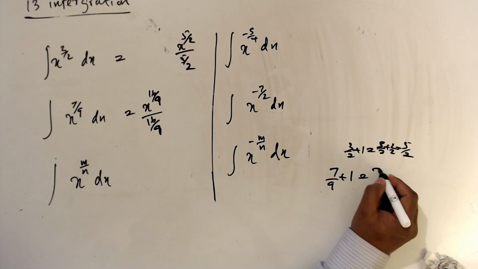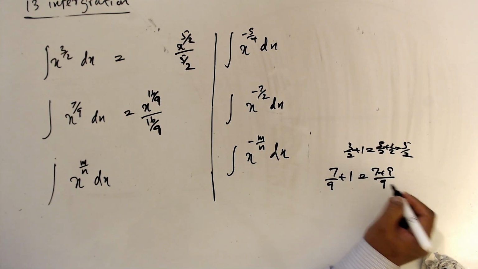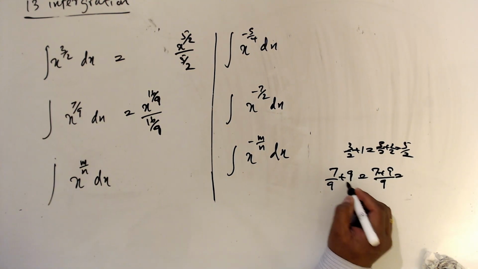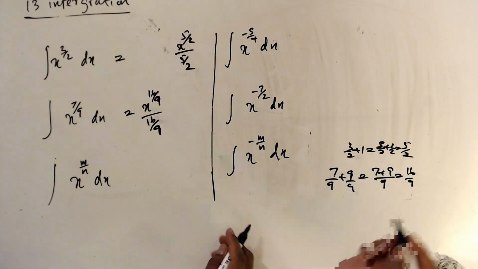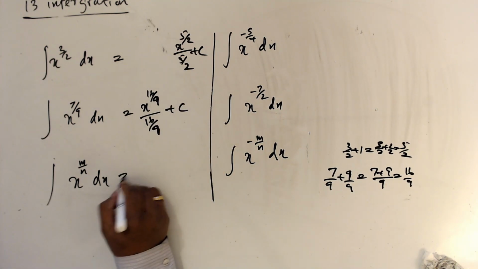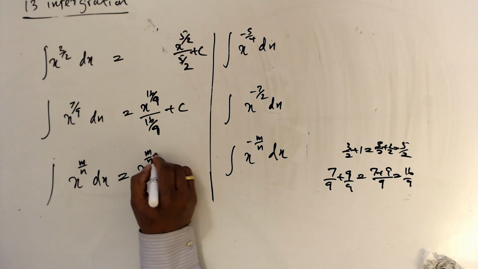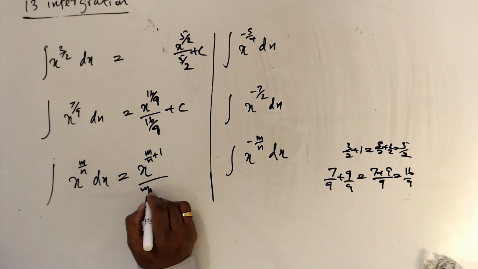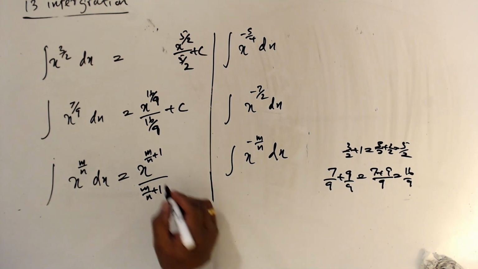So this is 7 plus 9 over 9, because 9 over 9 is 1, so 16 over 9. I forgot to write plus c. How about this one? x^(m/n) gives x^(m/n plus 1) over m over n plus 1, plus c.